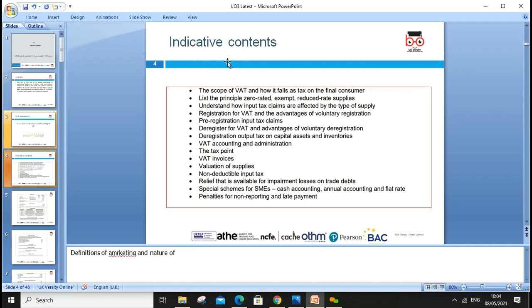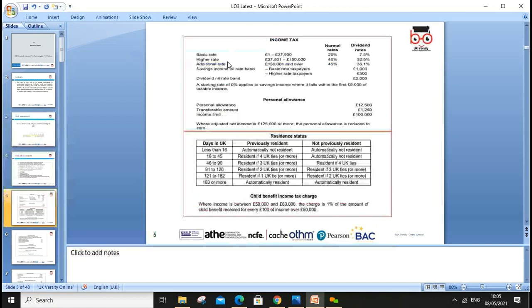We'll discuss zero rated and reduced rates, and understand how input VAT claims affect type of supply, registration, schemes, pre-registration input, deregistration, output and capital assets, and VAT accounting, tax point, VAT invoices, valuation of supply, non-deductible input, reliefs, special schemes for SMEs, cash accounting, and various others, and penalties for non-reporting and late payments. That's all we'll go through this morning.